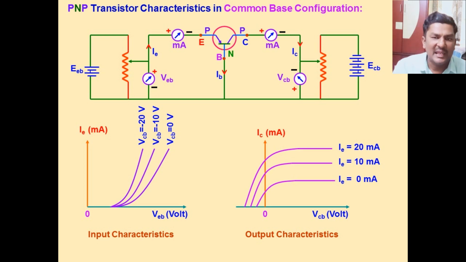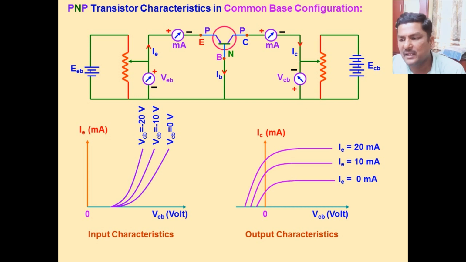As I already mentioned, to observe the output characteristics of a transistor we have to keep the input current constant. The output characteristics of a transistor is nothing but a plot or graph between output voltage VCB and IC, and this is observed when IE is kept constant.